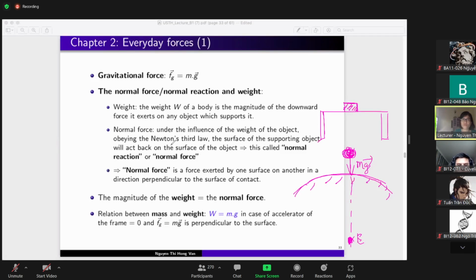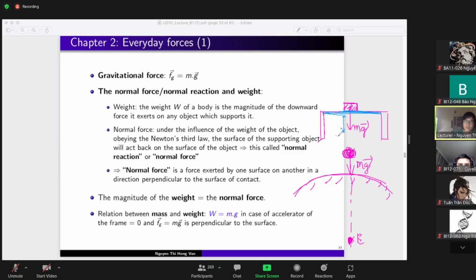So the normal force is because this mg, gravitational force, acts on the surface of the table. So here is the surface of the table, and this guy acts on the table with a force.